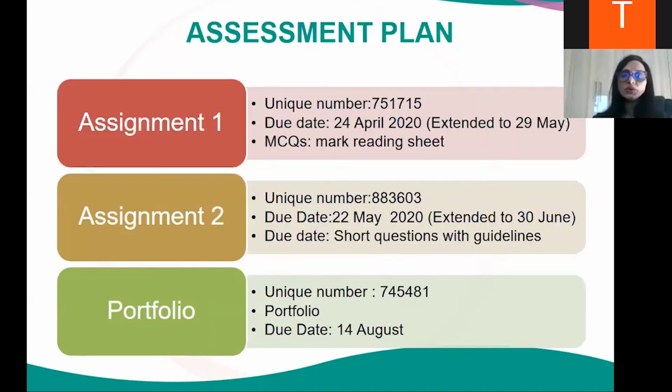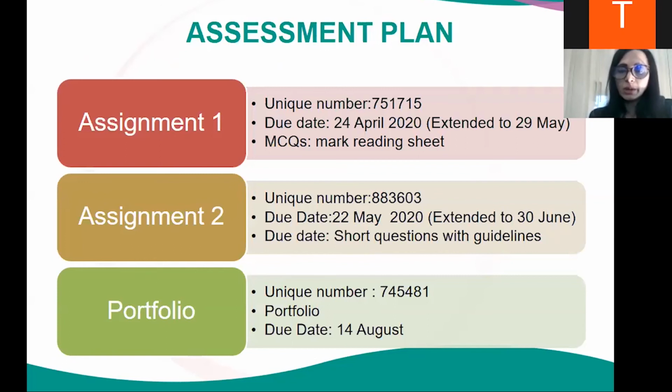This is your assessment plan. What is an assessment plan? An assessment plan, students, is a plan that gives you an idea of how you are going to be assessed for this module. Now, in this module, you are going to have 2 assignments and a portfolio.